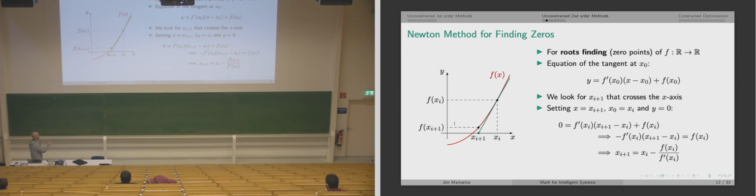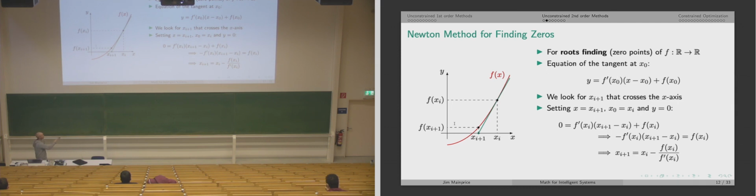So what that means is, given the first order Taylor expansion of the function at point xi, for what point xi plus 1 does the first order Taylor expansion get to 0?